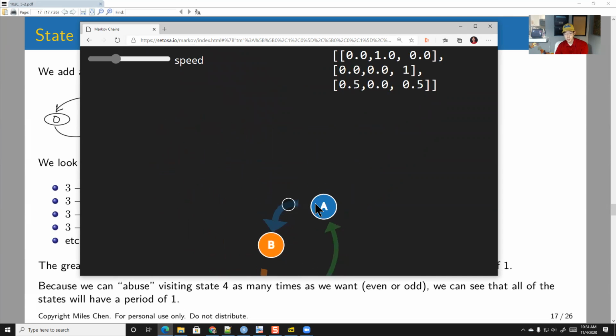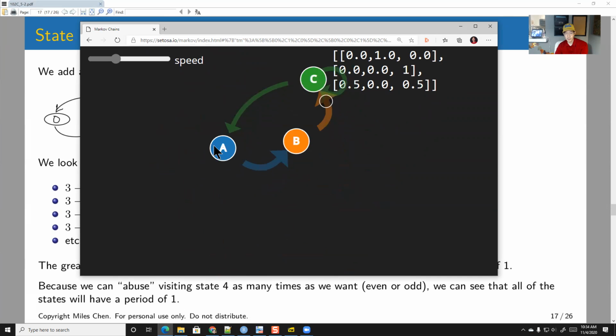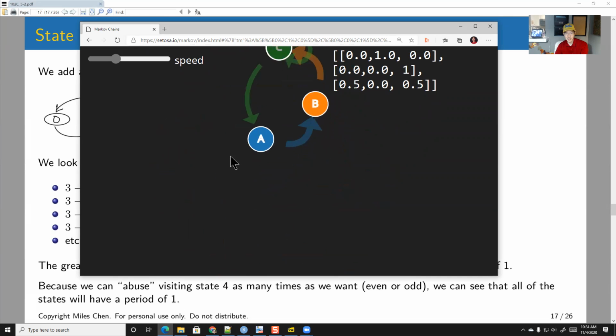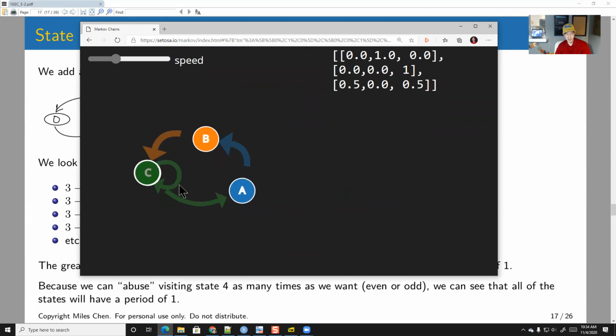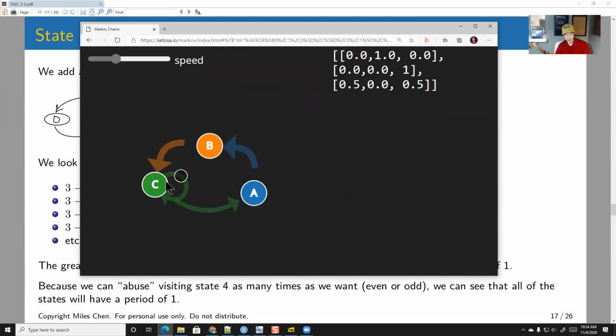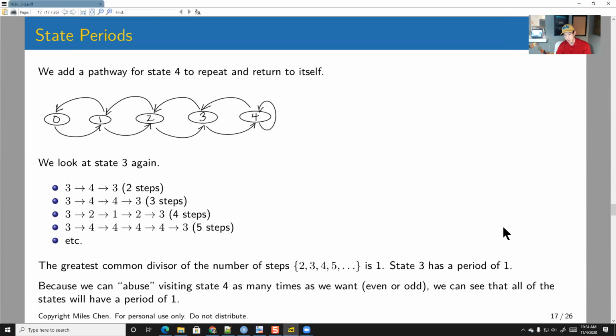I don't know why this chain just wants to dance around the screen, but anyway, you can see now that it can end up going back here. How many steps does it take to go from state A back to state A? It can be any integer now. It doesn't have to be 3. It can be 4, 5, 6, anything larger than 3, basically.